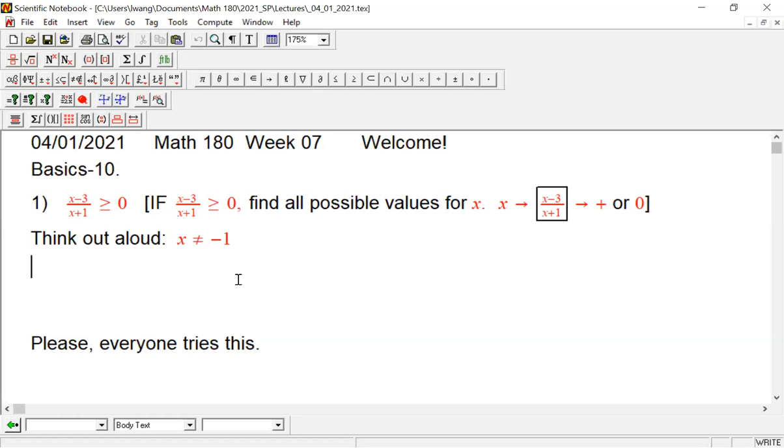So one solution we have here, I call it A: x is less than -1 or x is greater than or equal to 3. And Mikhail got the same answer. How did you guys get it?